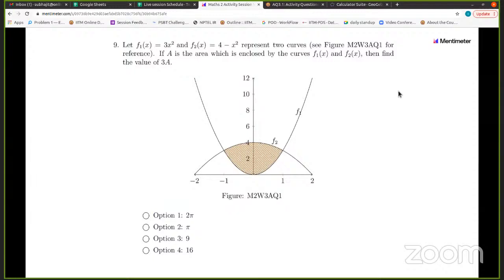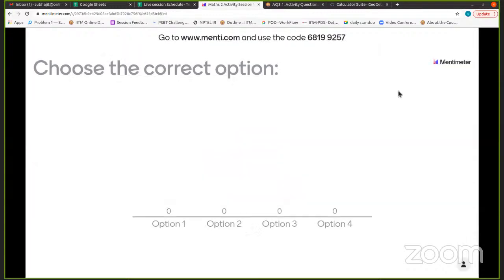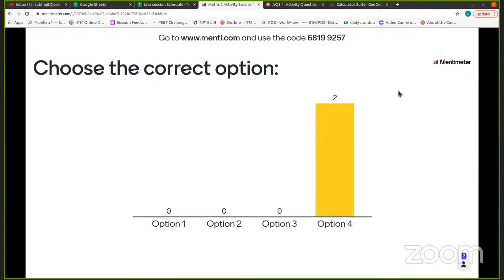Can we go to the option page? You can put your options here. Two of you have put option 4.